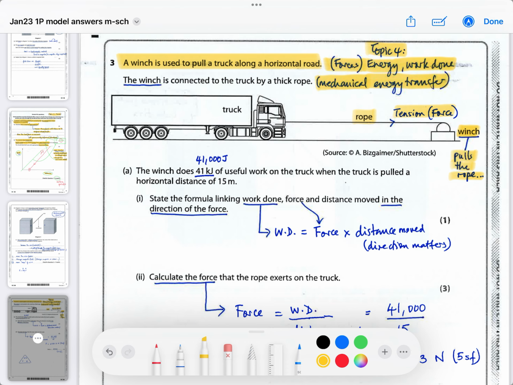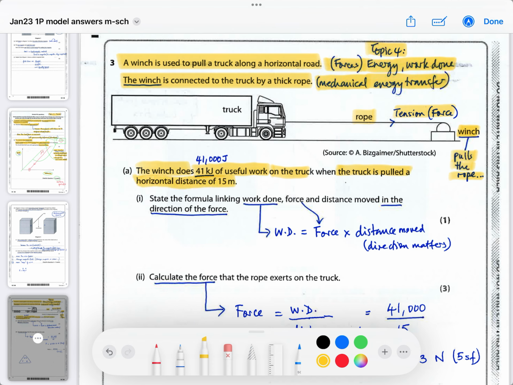Okay. So as you can see, the winch is connected to the truck by a strong, thick rope. It says the winch does 41 kilojoules of useful work on the truck, when the truck is being pulled and it moves a distance horizontally of 15 meters.